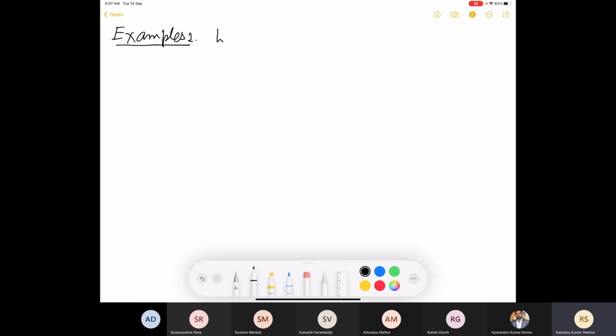So let's say that V is R2 over R. So V is R2, F is R. What does it consist of? It consists of ordered pairs x, y in R2. That means x as well as y, both are in R. So when you are writing this as R2, you need not write inside this. This means all ordered pairs.